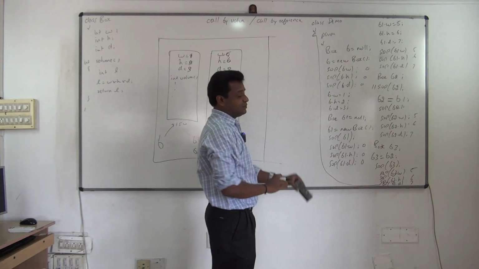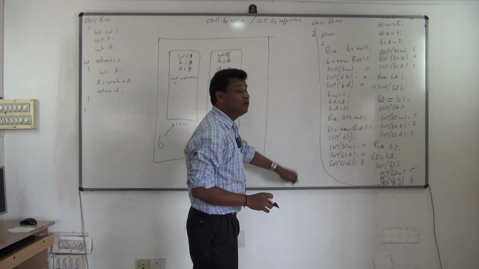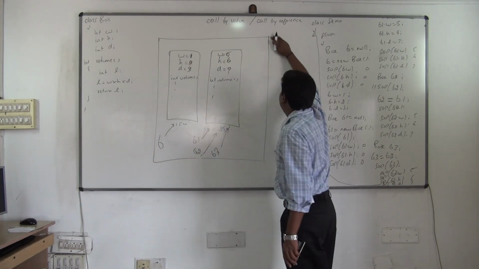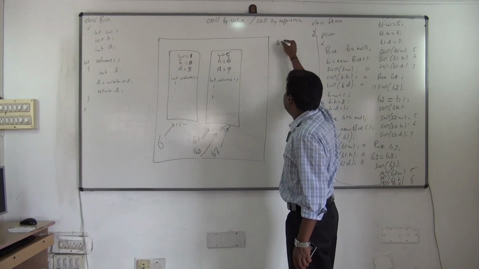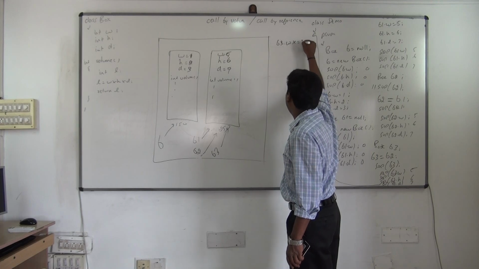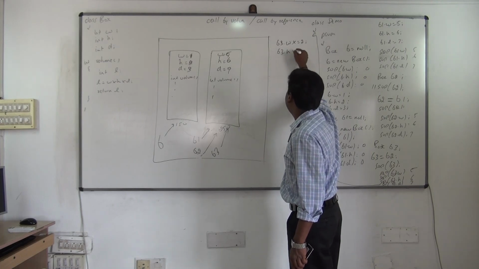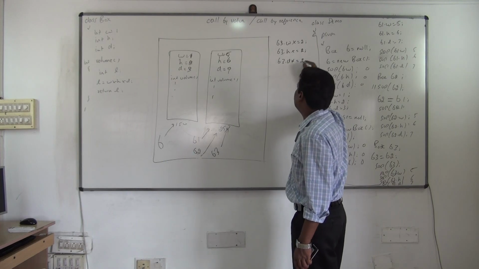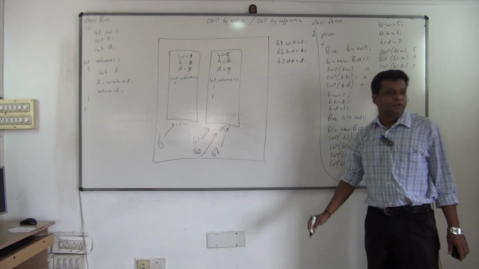Following now? So next, see now, it's very interesting. I'll try to manipulate the values in B3. B3.w *= 2. B3.h *= 2. B3.d *= 2. This is also a compound assignment operator.